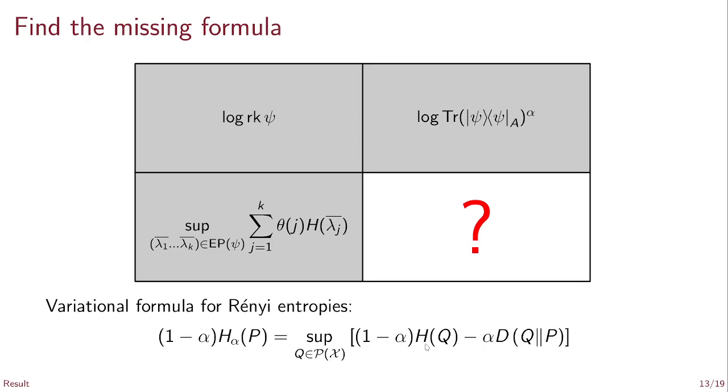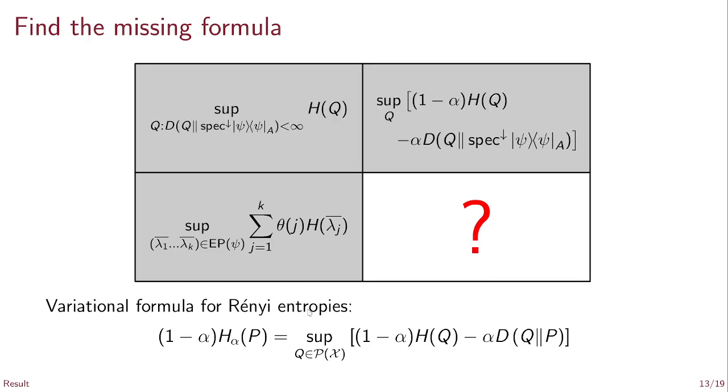And there's this alpha parameter which governs the relative weights of these two terms. There's a negative sign here, which means this formula favors Q's that are close to P, and the larger alpha is, the more the formula favors Q's that are close to P.